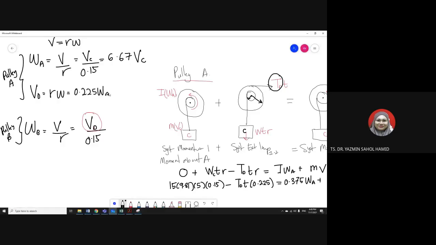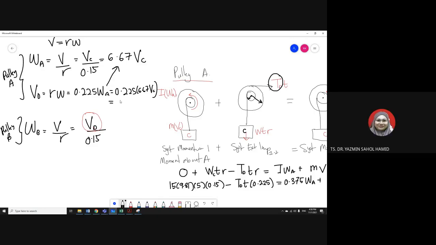And then we know what omega A is. Omega A is this one, right? So we can just multiply by 6.67 VC. Can you please multiply 0.225 times 6.67? 1.5.